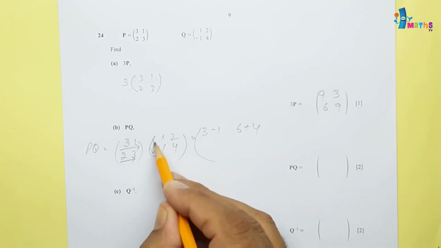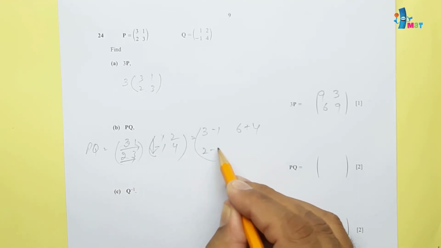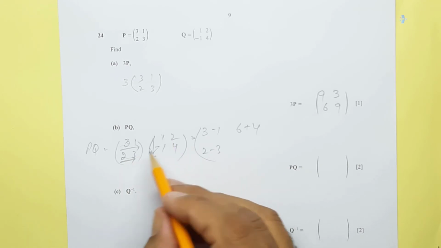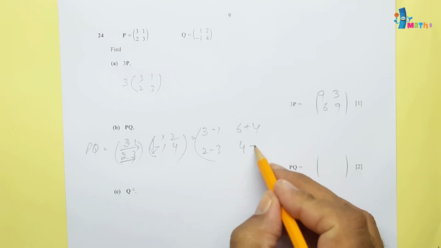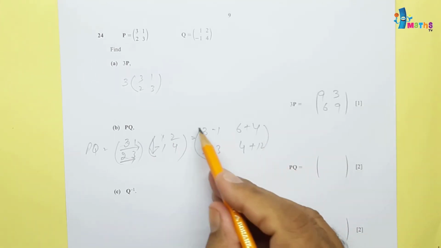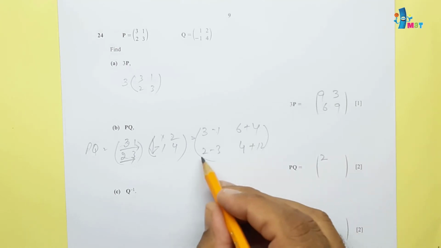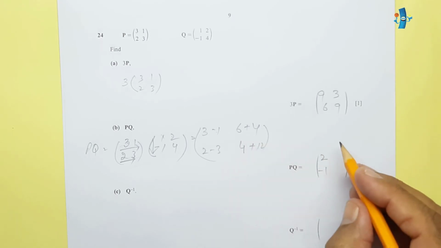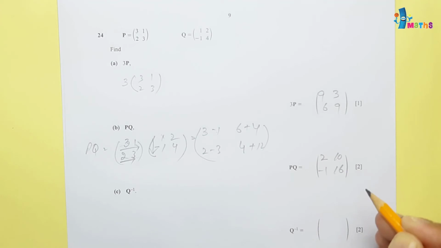Then second row, first column, this will be 2 and minus 3, 2 minus 3. And second row, second column will be 4 plus 12. So 3 minus 1 will be 2, 2 minus 3 will be minus 1, and 6 plus 4 will be 10, and 4 plus 12 will be 16.